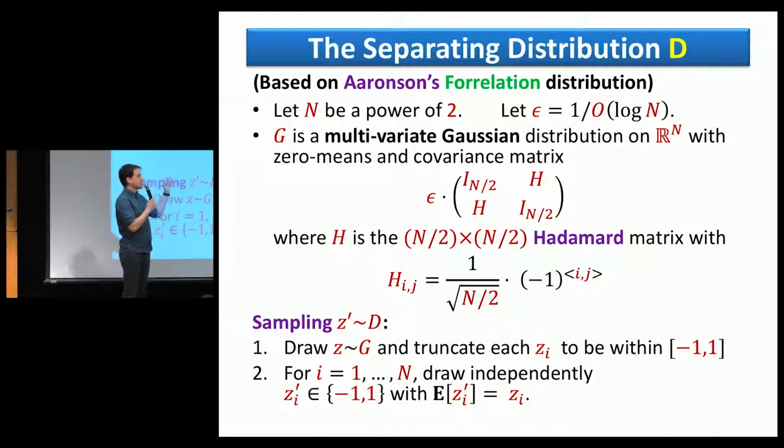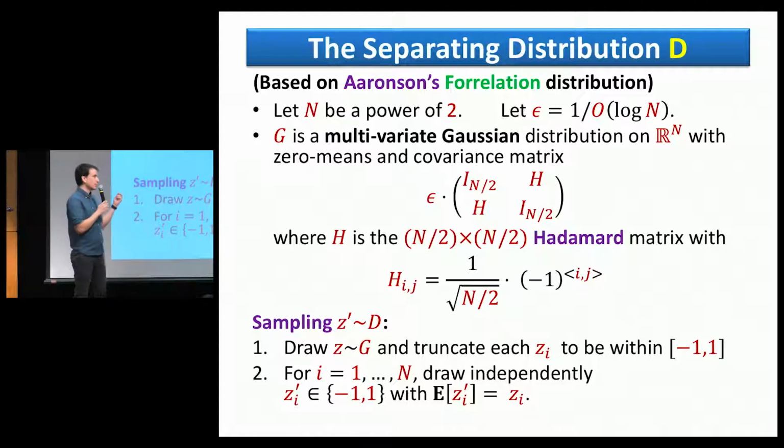Epsilon was chosen such that with high probability, all the coordinates will be within the interval -1, 1. We know how a Gaussian distribution looks like. We know that if we pick this variance, then the probability to be bigger than 1 is 1 over poly n. So that's why we picked it. And basically, you can sort of ignore this truncation operation. But in order to be formal, we have to state it because of the next bullets.